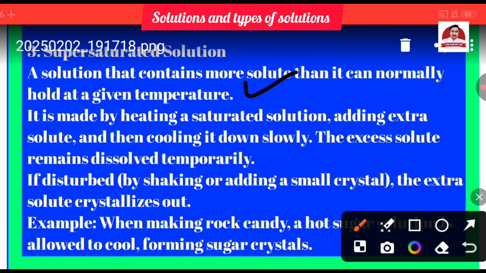This solution is made by heating a saturated solution, then adding extra solute and cooling it down slowly.